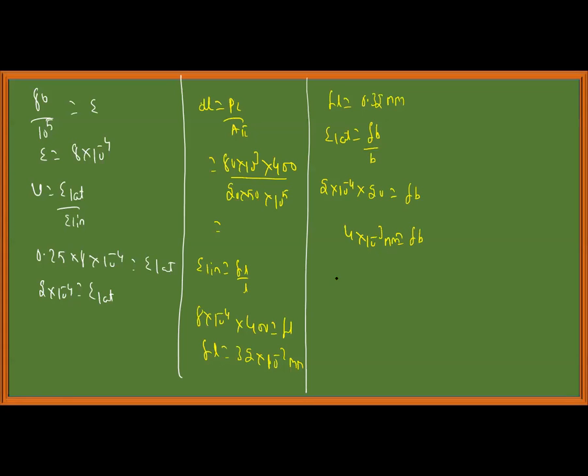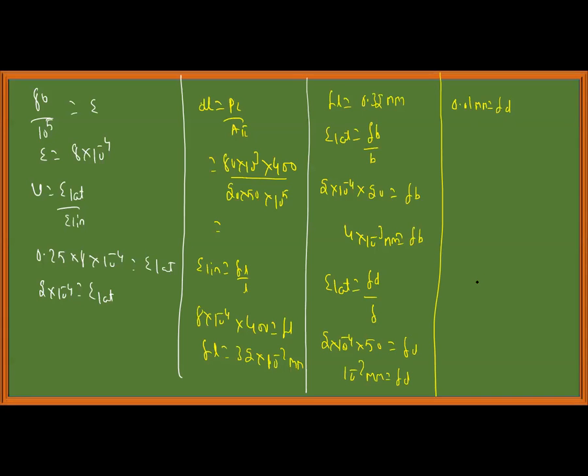Also for length, width, thickness, the ratio of lateral strain remains the same. Epsilon lateral is equal to delta D by D, 2 into 10 power minus 4 into 50 mm, the depth, is equal to delta D. 2 5s are 10, so 10 power minus 2 mm, that is 0.01 mm, is equal to delta D.